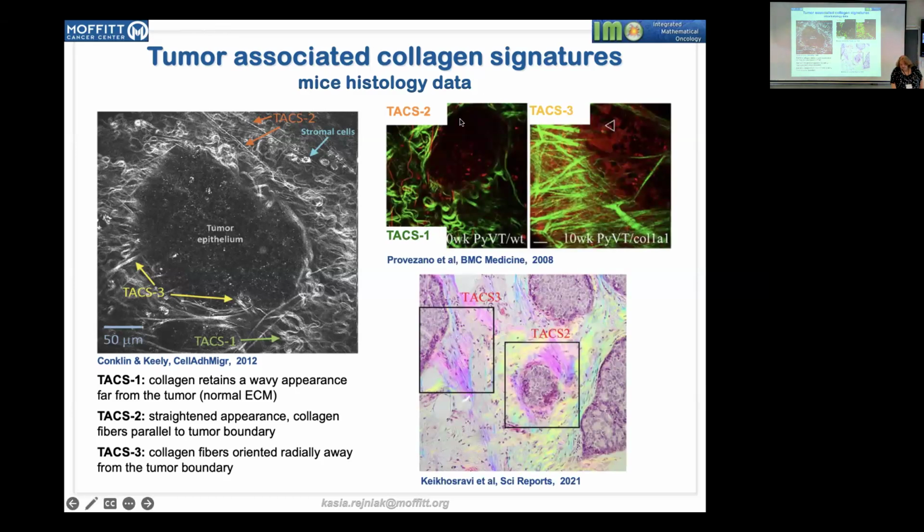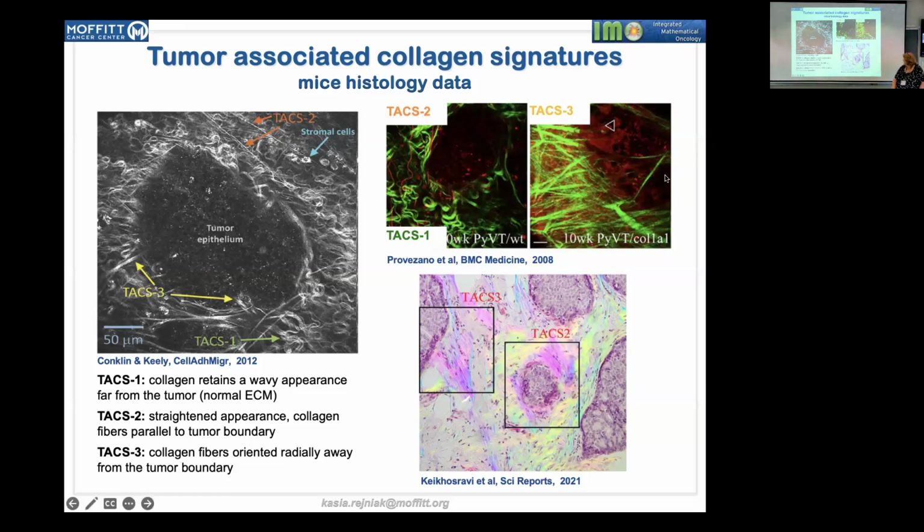TACS 2 are the stretched fibers, usually aligned to the boundary of the tumor. You could see TACS 2 here, here. And then TACS 3 is the pattern that is radial from the tumor, and it's often used for cell migration.